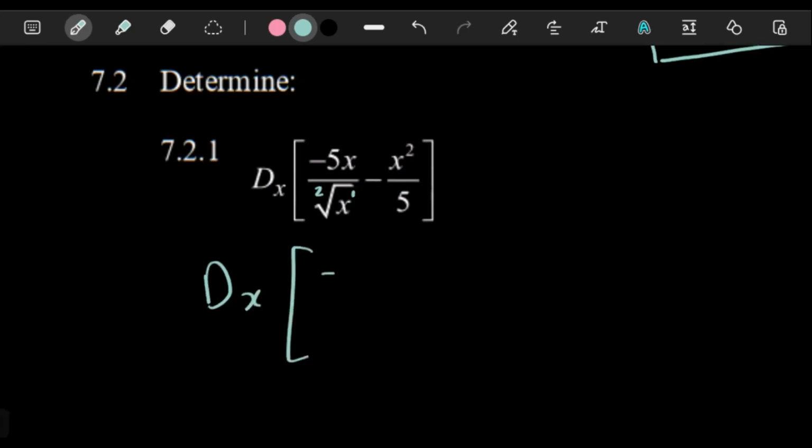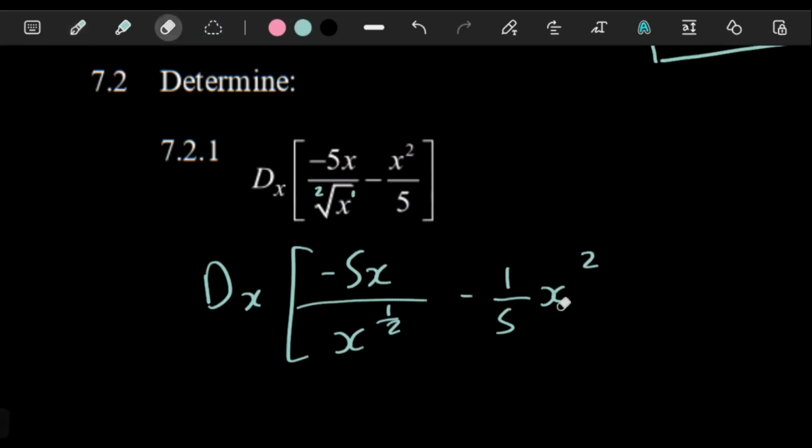So doing that, the negative 5x is still there. Here you have x to the power of a half. Now here, this 5, you want to remember that there's technically a 1 here, right? So what you're seeing here is technically minus 1 over 5 with x squared there. That's what you should be seeing, because it makes your life easier when you have to differentiate.